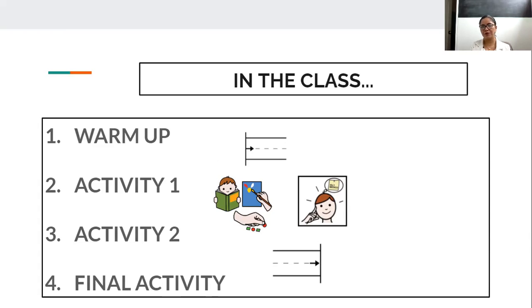And finally, we have the production in which they produce in the language, as the name says, and they also have some kind of manual work, because we have realized that these kind of activities increase their ability, their motor skills, either fine or gross motor skills. Okay, but even if you don't follow the 3Ps method or any other method, the idea is to always have an order in the class so they know exactly what is happening next.